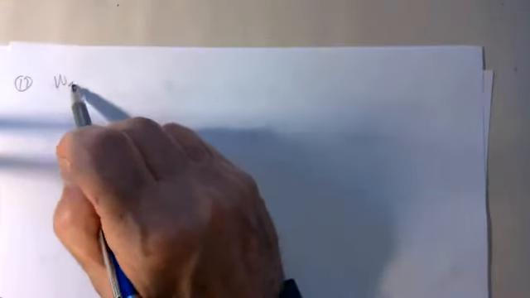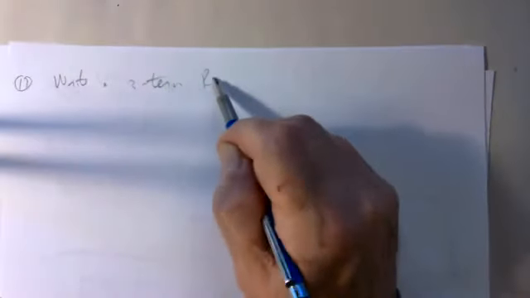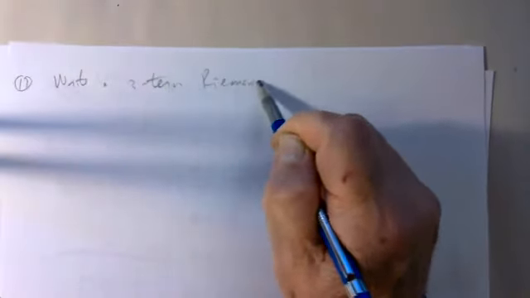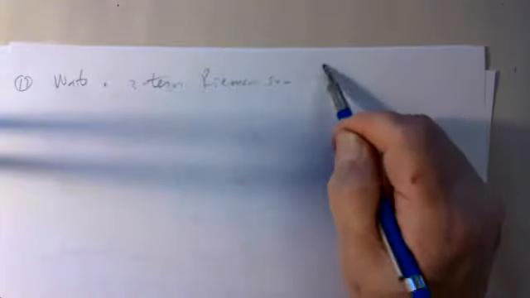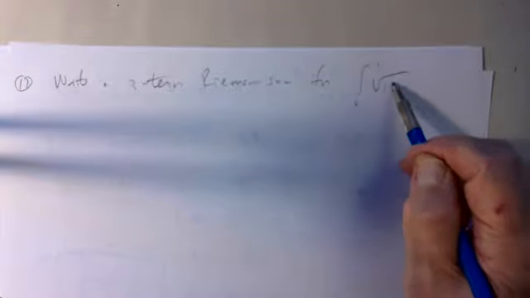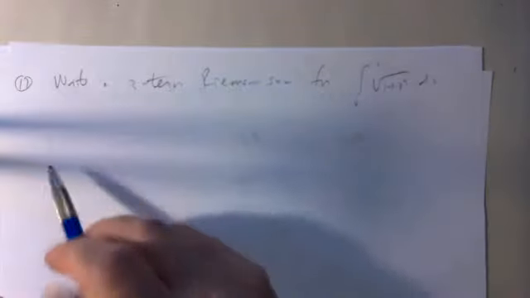So number 17, let's take a look. Write a 3-term Riemann sum for the integral from 0 to 1 of the square root of 1 plus x squared dx.